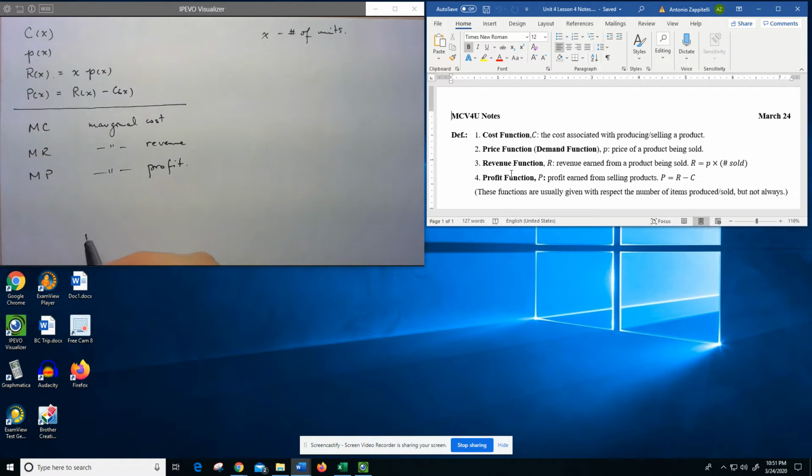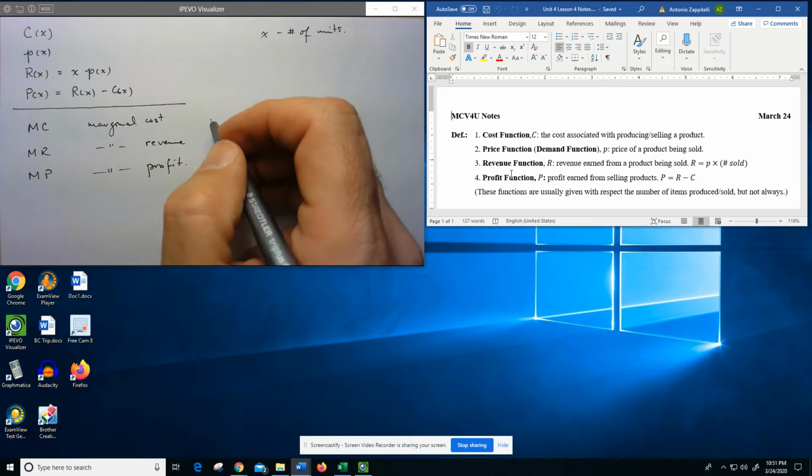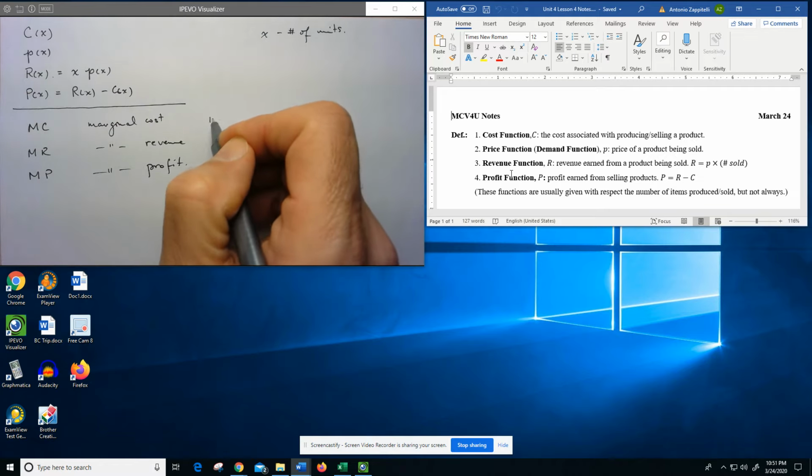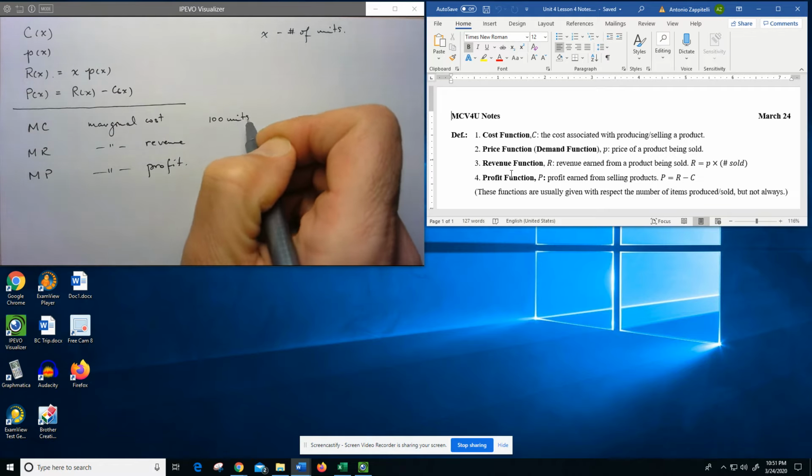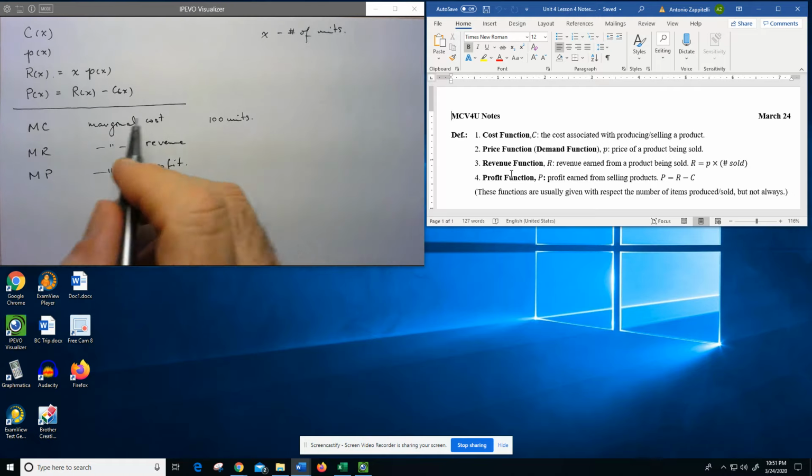The marginal cost, revenue, and profit all have something in common. Let's say I use cost as my example, and it's the exact same thing for all three of them. Say I sell 100 units. It costs me a certain amount.